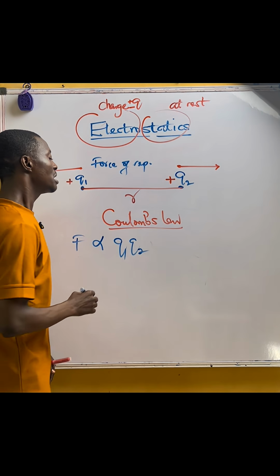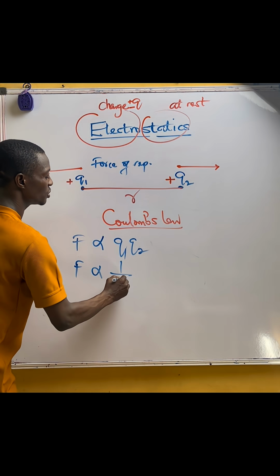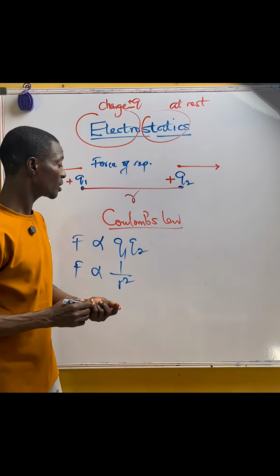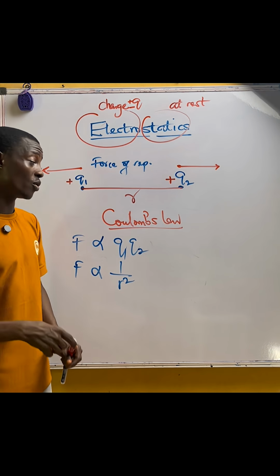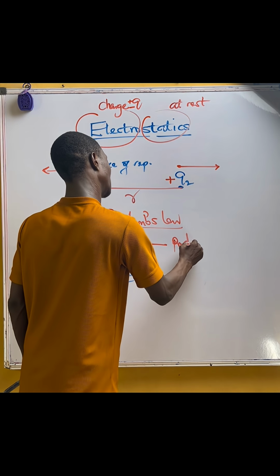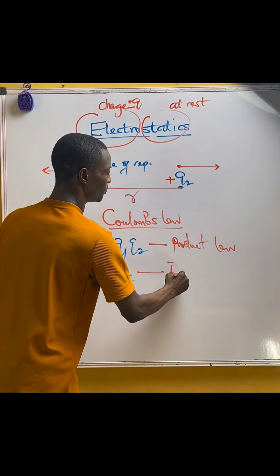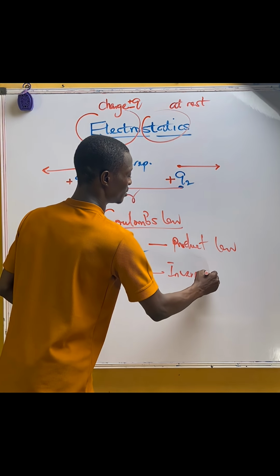That makes sense, right? The same force is also inversely proportional to the square of their distance apart, which means that the law obeys first the product law, okay, right? It also obeys the inverse square law.